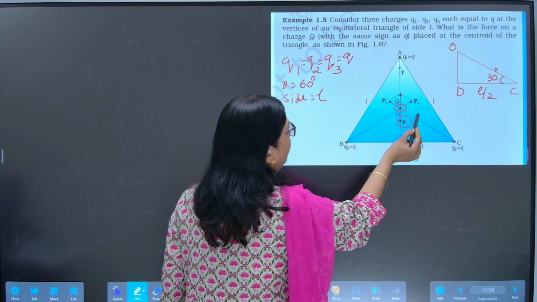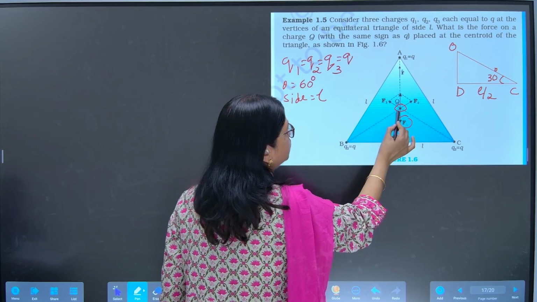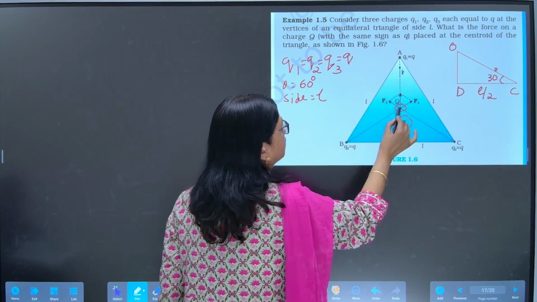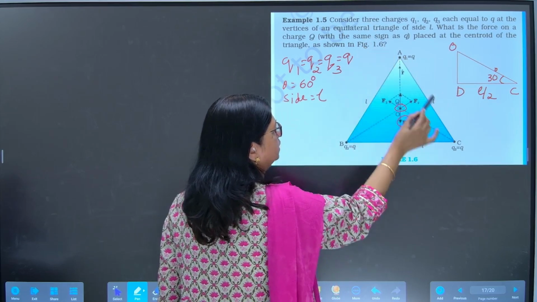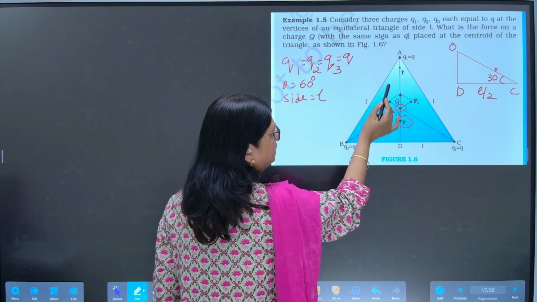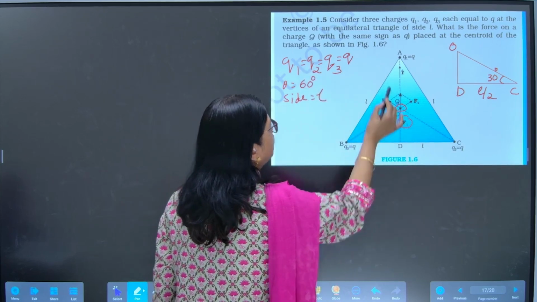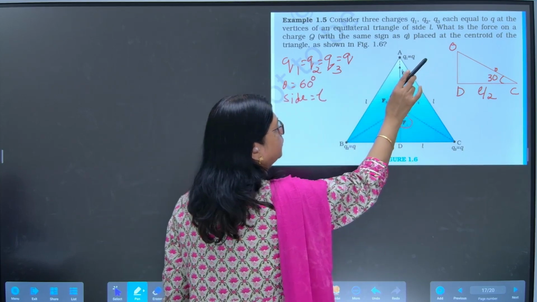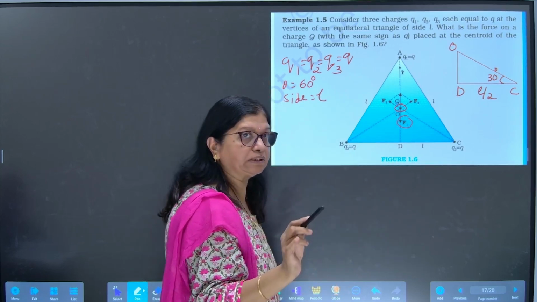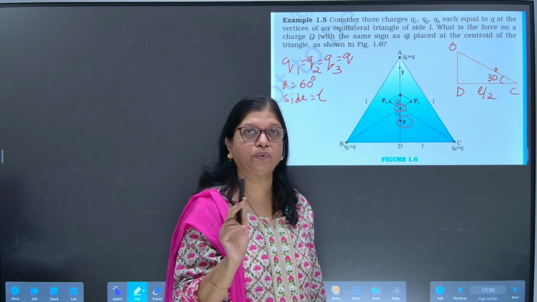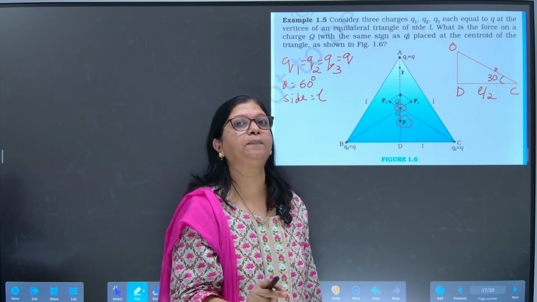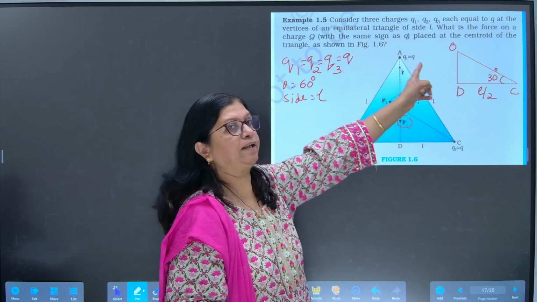Similarly, from B, Q, to O, Q, the direction of the force is F2. Similarly, the charge on C, that is Q, to the charge on O, that is capital Q, the direction is F3. So F1, F2 and F3 are three repulsive forces acting on the charge Q placed at the centroid. These forces are repulsive only because all the charges are of the same sign.